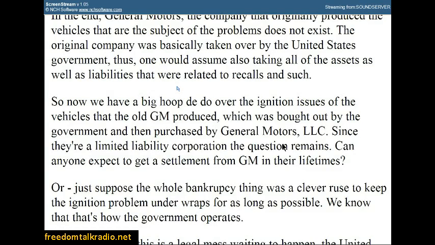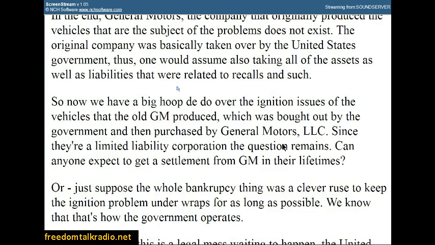But now, consider this. Considering that the government was involved with this and the bailout and everything, was this whole bankruptcy thing, considering how many people have been injured and the types of cars, and don't forget to add in the Cash for Clunkers program, where a lot of people bought these cars, which was basically run by the government?